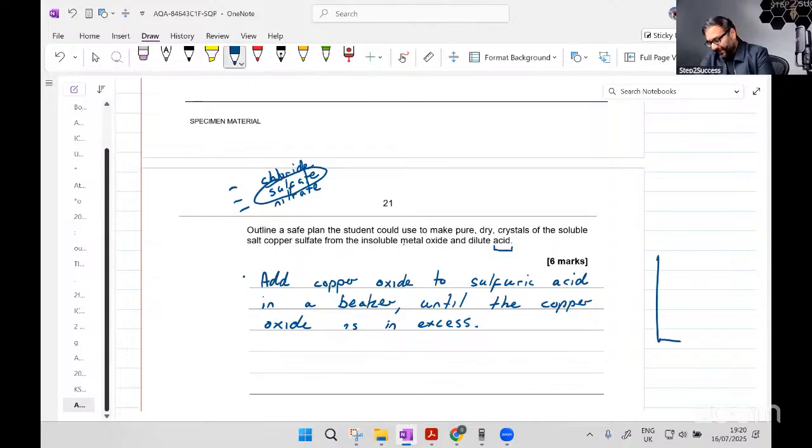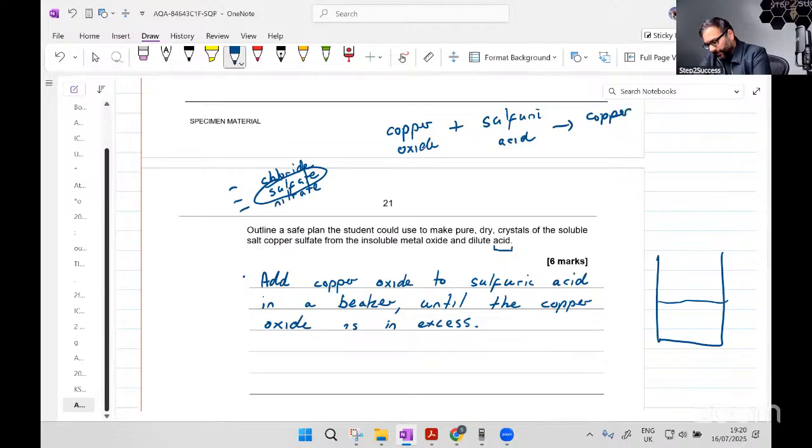So what you effectively have now is a beaker in which when you react copper oxide and sulfuric acid, just so you understand, let's write this down. What you're going to get is copper sulfate, that's the thing you want, plus water. So what you're going to get in this beaker now is these two things, which is copper sulfate and water.